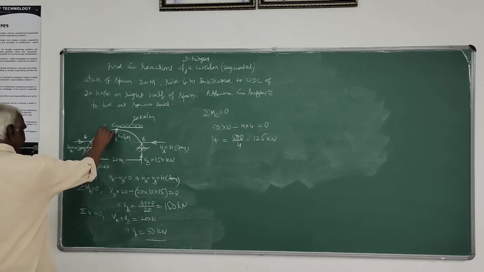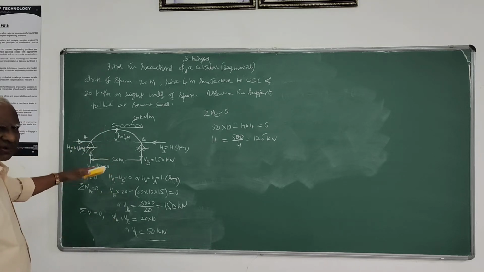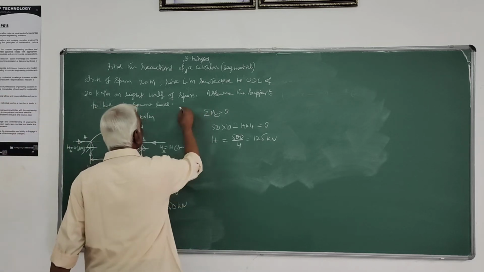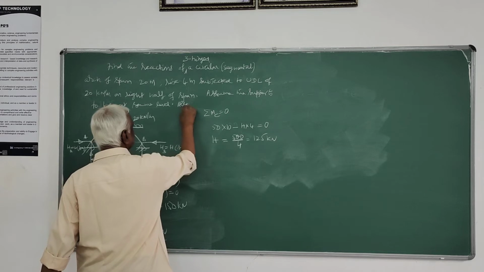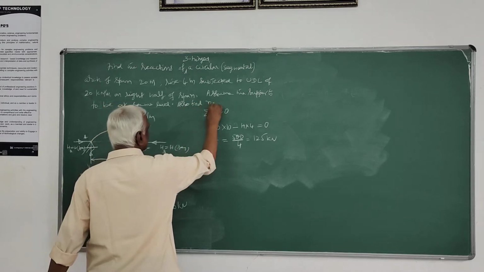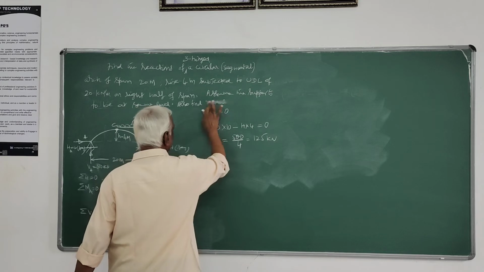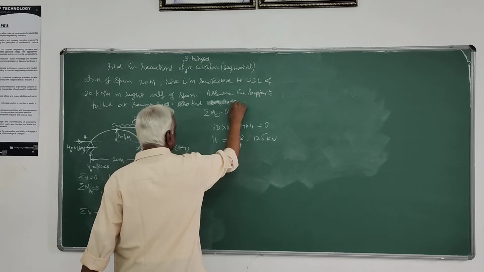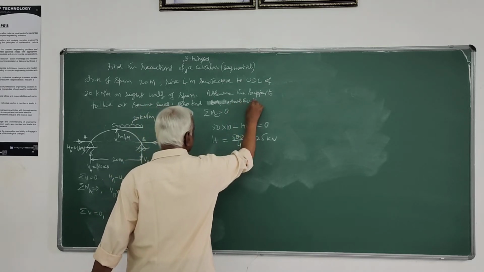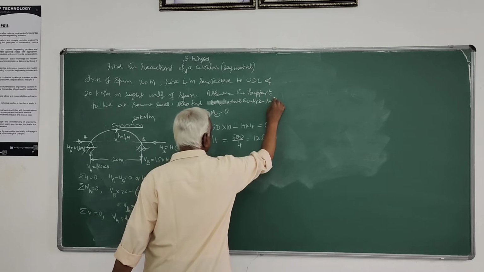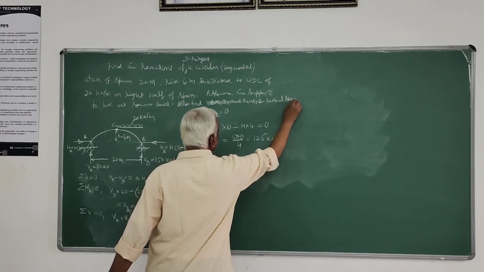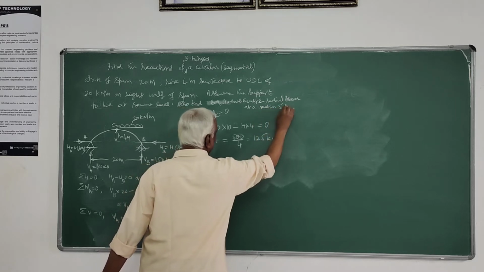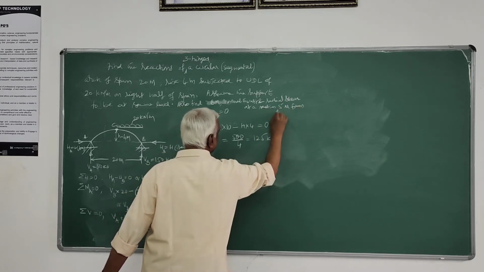You have been asked to find only the support reactions. Now we can find the moment at any section from left or right. So we will take that also. Also find the bending moment, normal thrust, and radial shear at a section 5 meters from the left.